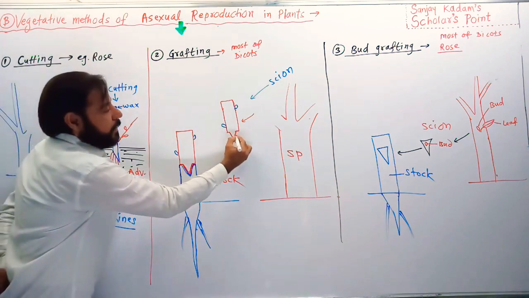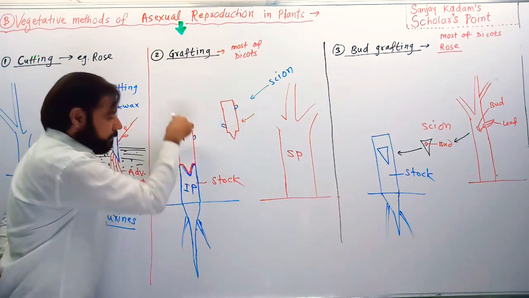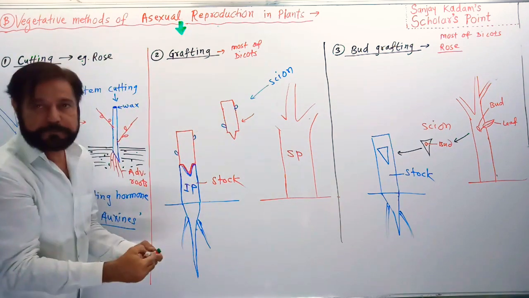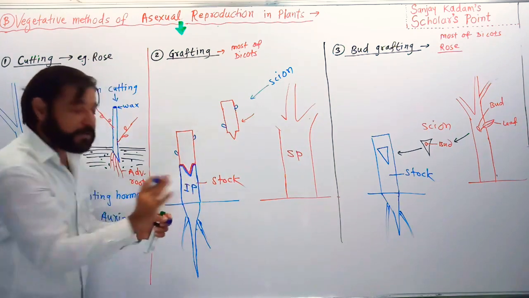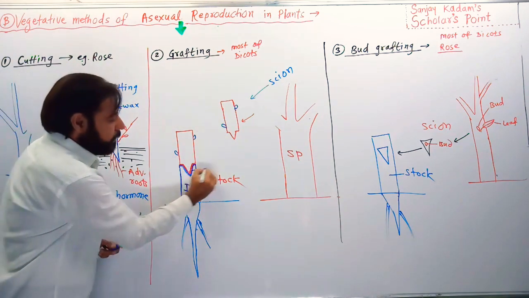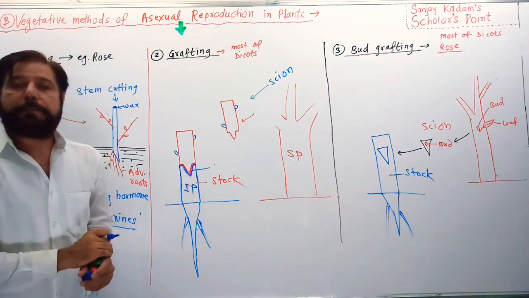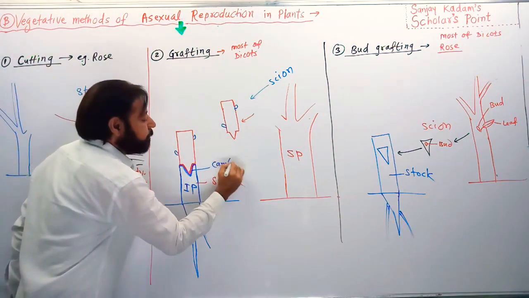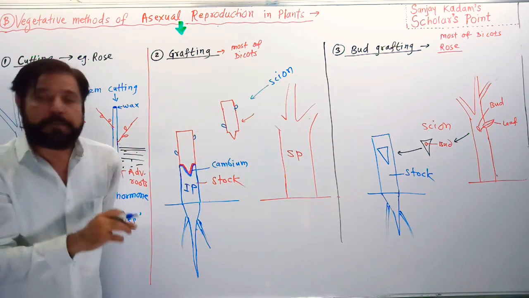In this way the projected outgrowth portion of the scion is fitted into the depression of the stalk in such a way that their matching is very perfect, with no air space between them, because the secondary growth tissue called cambium of the stalk should be matched with the cambium of the scion.